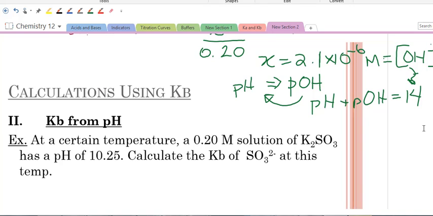Okay, for the last one, at a certain temperature, you have a 0.20 molar solution of potassium sulfate. It has a pH of 10.25. Calculate the Kb of the SO3 2-.